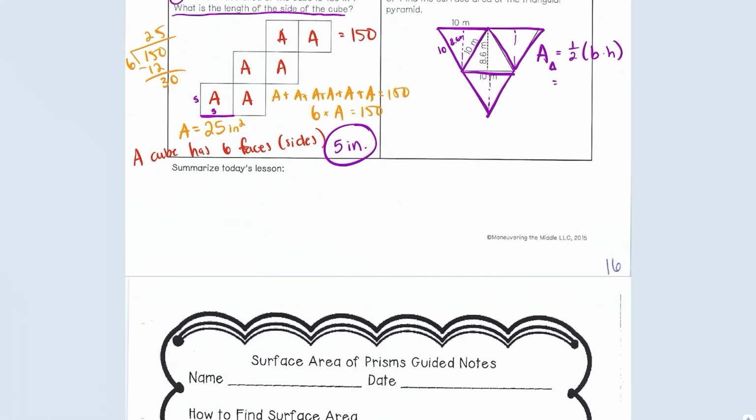Another way you could write it is base times height divided by 2. Whatever might make sense to you guys, you can use that form. So let's see, it looks like the base of my triangle is going to be 10. Then I'm going to multiply that by the height, which I know is 8.6 meters. And then I have to divide this by 2.